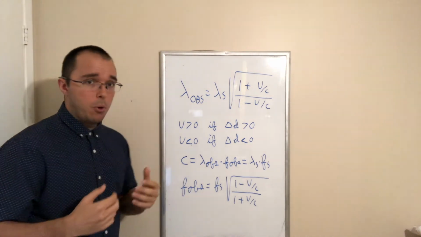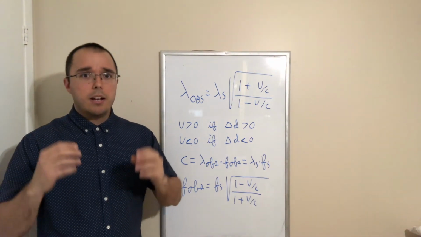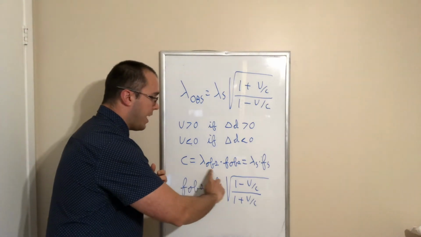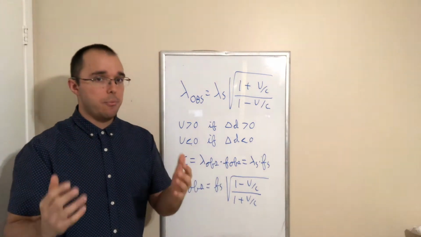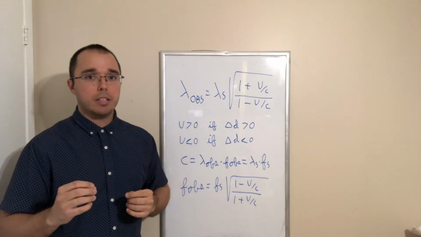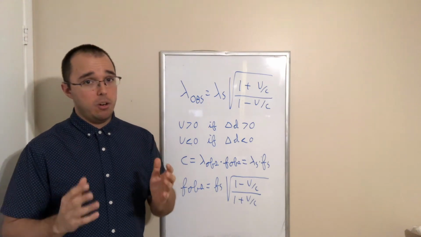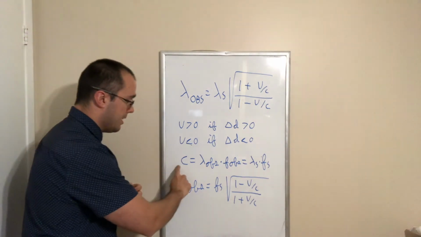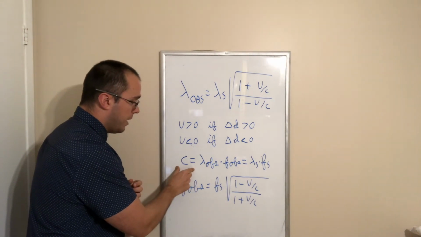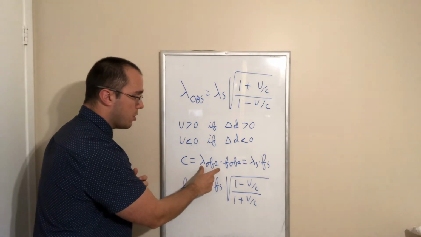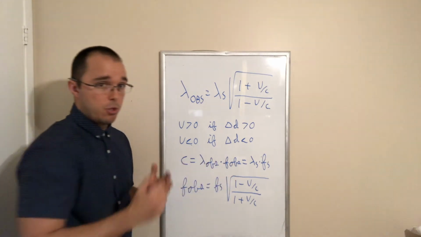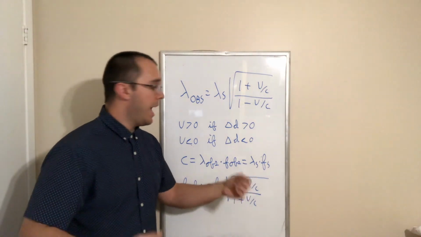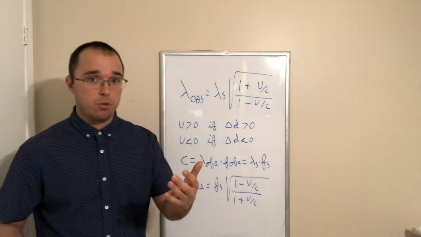Lastly, remember we've seen in traveling waves that the velocity of a wave is equal to the wavelength multiplied by the frequency. Here we are talking about a light wave. We know by now that light travels at the speed of light, c. So the speed of light has to equal the wavelength observed multiplied by the frequency observed, and is also equal to the wavelength of the source multiplied by the frequency of the source.